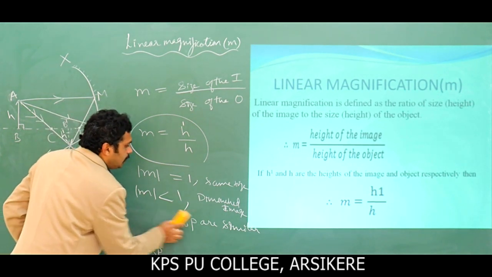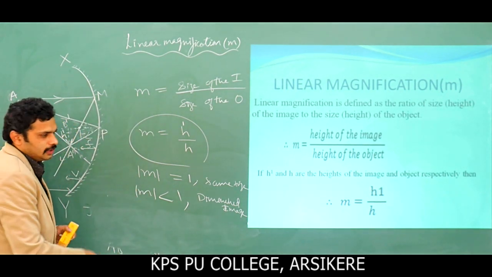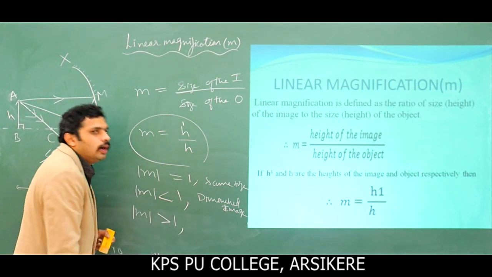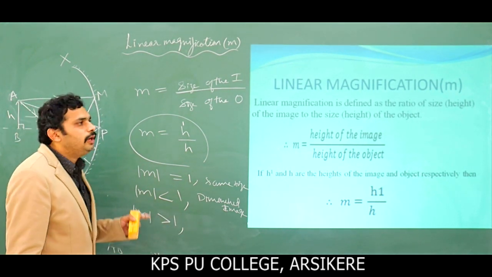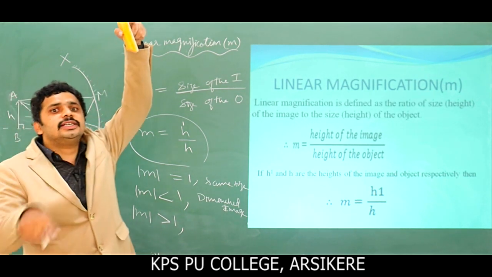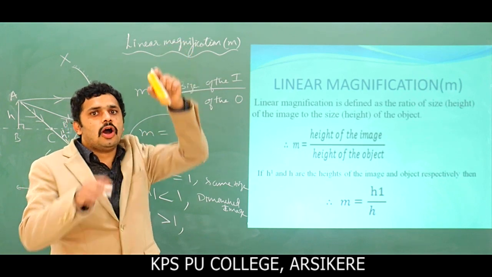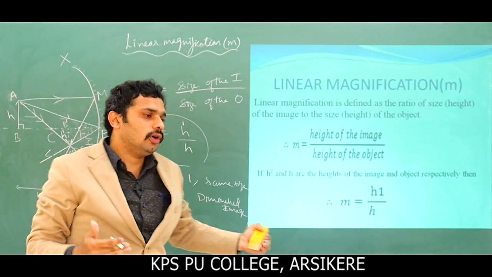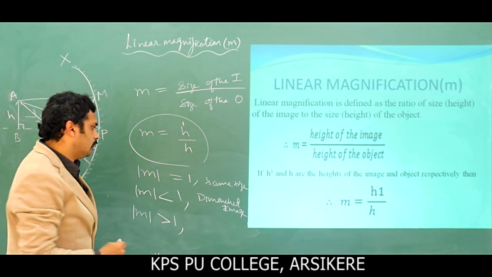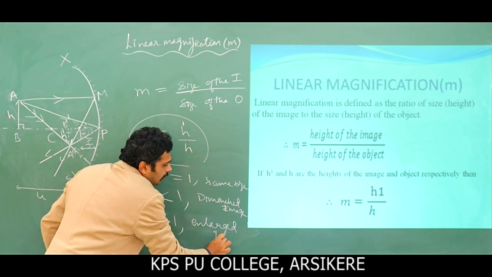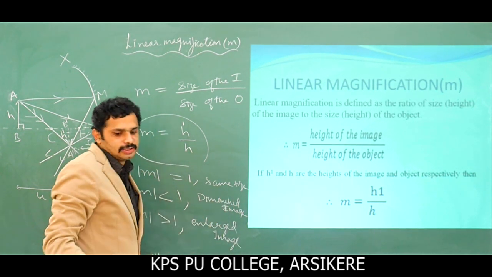Now, if the magnitude of the magnification is greater than 1, then we are going to decide that the image is enlarged. The object is this size, the image size is coming bigger. If magnification is greater than 1, we can decide it is an enlarged image. Okay, it is clear.